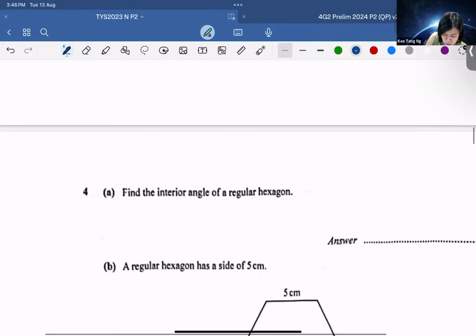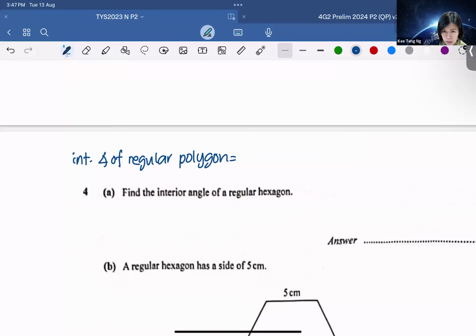The very basic one, the interior angle of a regular polygon, is take the number of sides n. Anyone remember? Minus 2 times 180 degrees divided by the number of sides in the polygon.